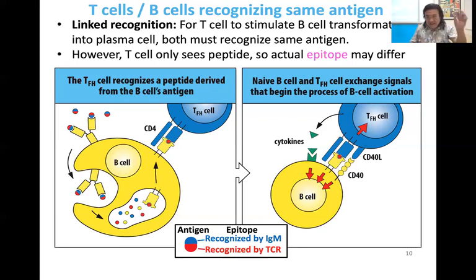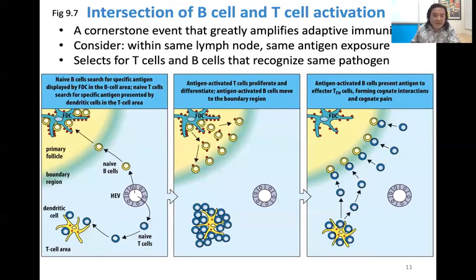It's because the little sugar that the B cell's immunoglobulin binds to is part of a chunk of something that has things like proteins part of it. So the intersection of B cell and T cell activation is a super important cornerstone event that is essential for you to have a robust, strong adaptive immune response against something like bad clown.